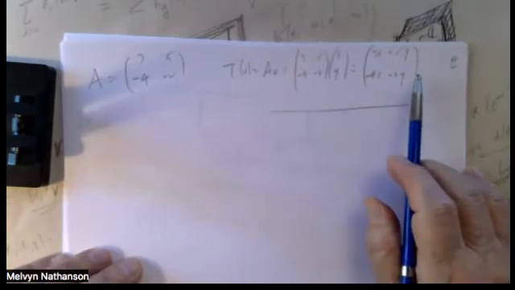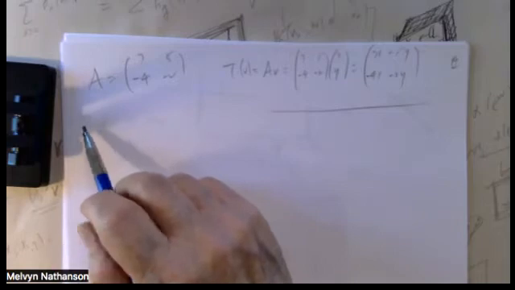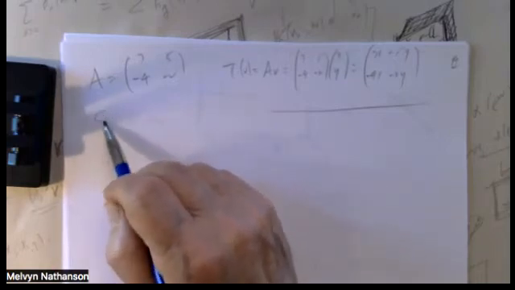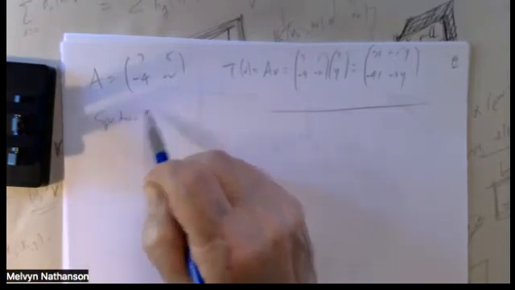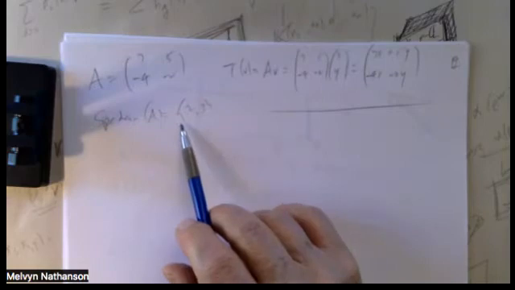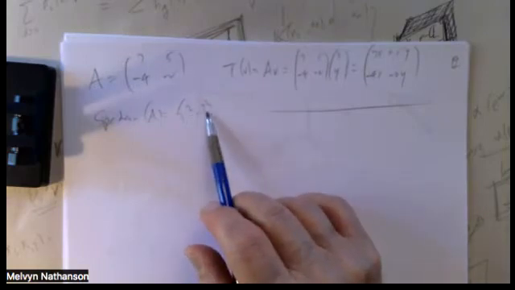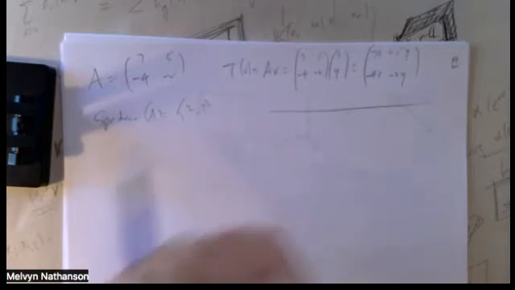So this is my linear operator. I claim, and I show in the notes, that the set of eigenvalues, the spectrum of A, in this case is also {2, 3}. This says there's an eigenvector with eigenvalue 2, and there's an eigenvector with eigenvalue 3.